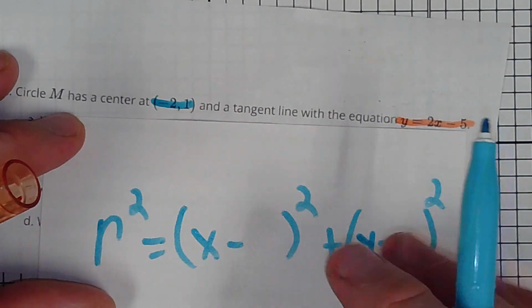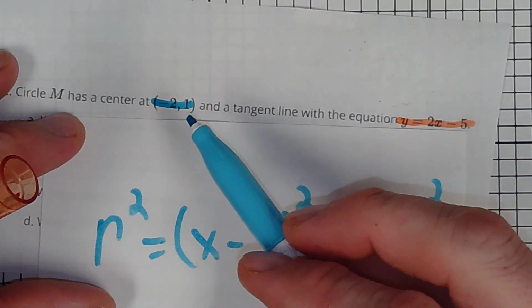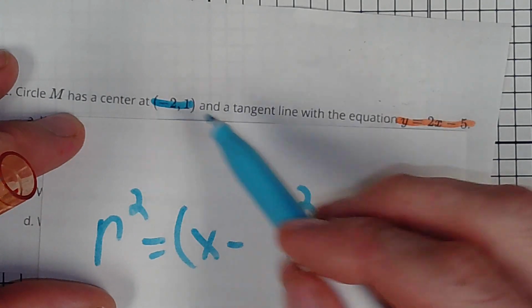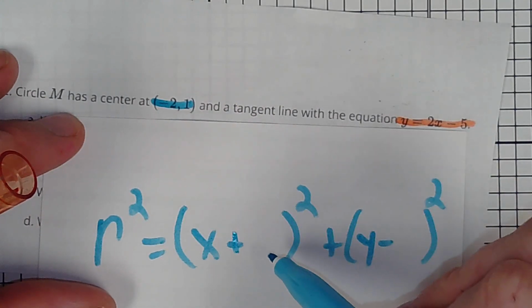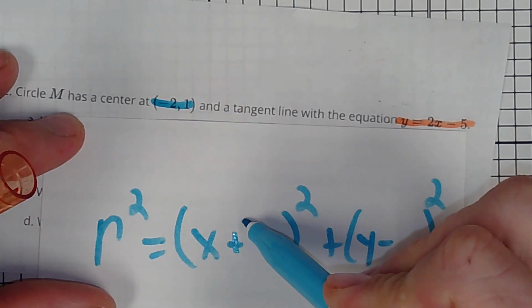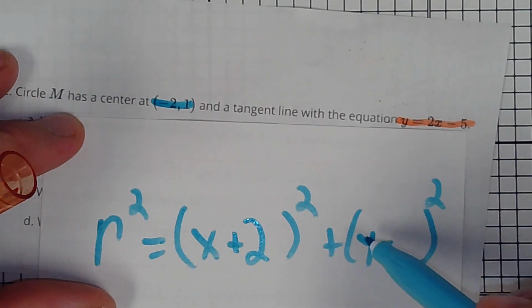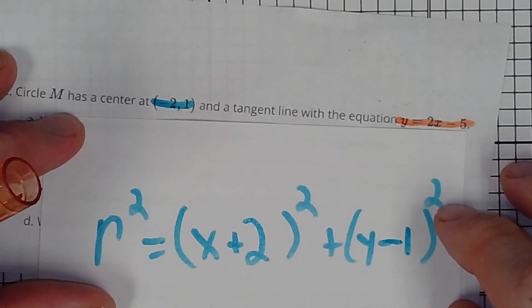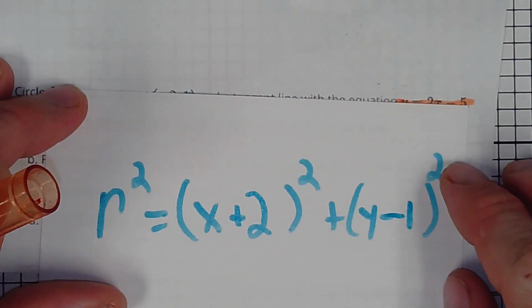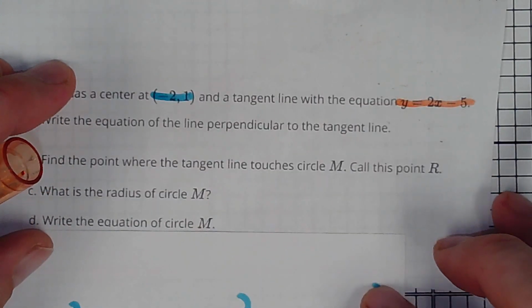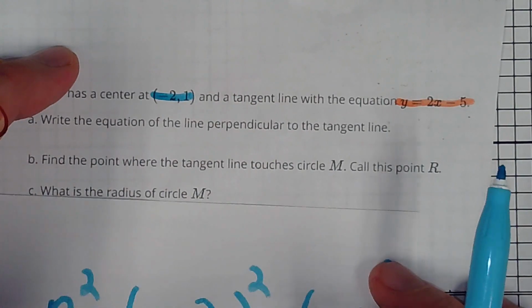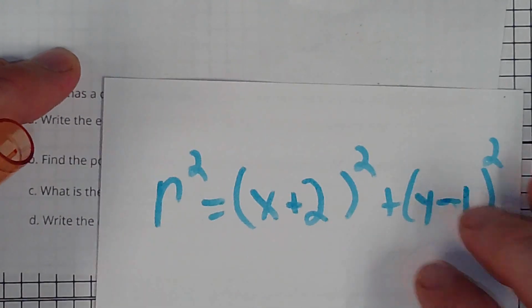We have a center point of (-2, 1). Since this is -2, the negative sign turns into a positive, so it's x plus 2, and y keeps the minus 1. We have almost everything for our equation to solve D, but we still need the radius. So once we figure out C, we'll solve D.